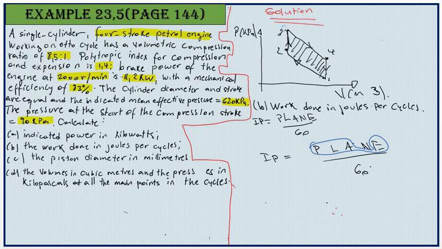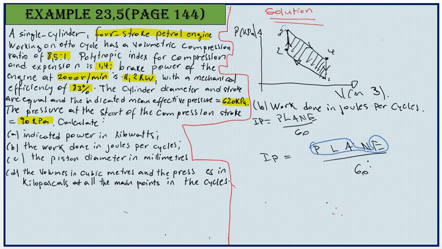Because if we have the work done and multiply by N, we get the power, because N is the rotational speed, which is expressed in revolutions per minute. We can also express it in revolutions per second, but in that case we don't need to divide by 60. The power is just the rate of the work done, so it's the work done divided by the time.